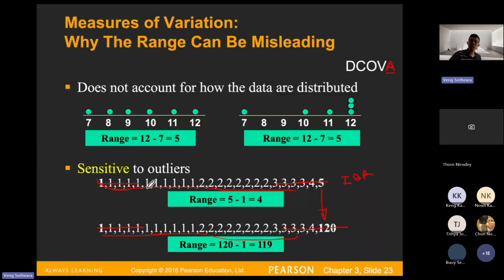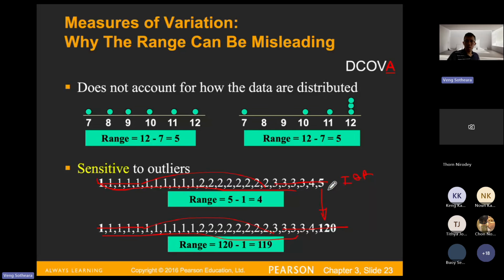The middle part of the data is the same, and that should be the reality, that the spread of these two groups of fishes is quite similar.